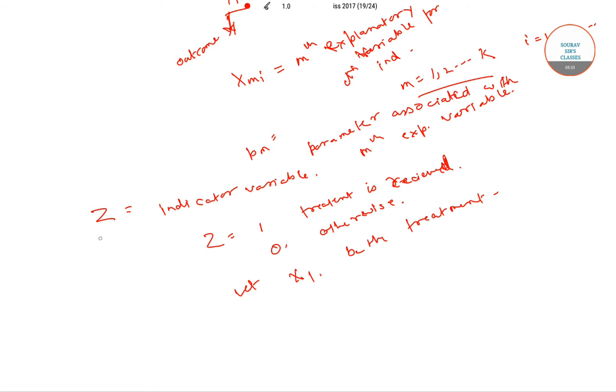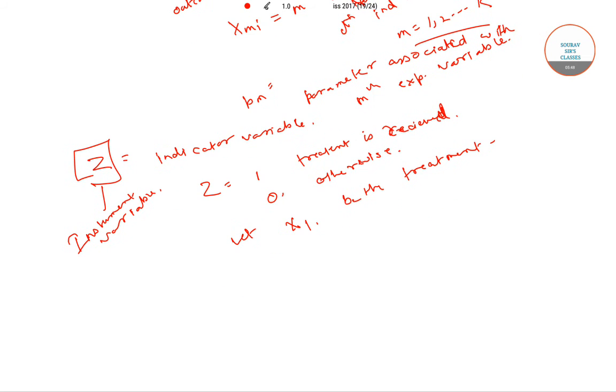So here this z is referred to as the instrumental variable, because it satisfies the following conditions. The first one is that z has a causal effect on x.